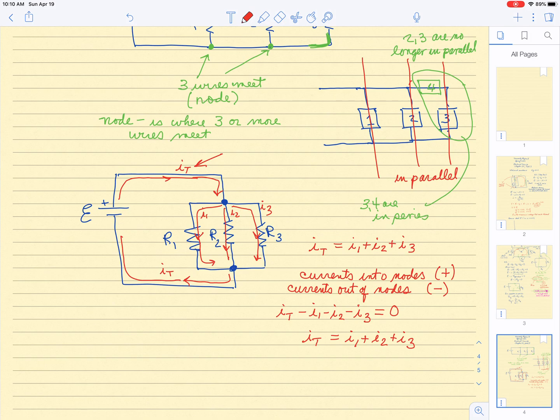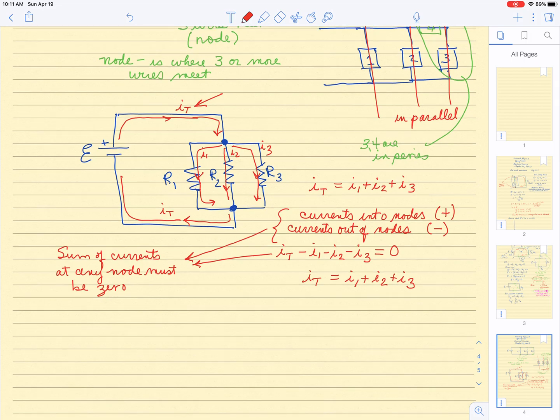And what we say then is that the sum of currents at any node must be 0, with this convention of currents into nodes positive, currents out of nodes negative.